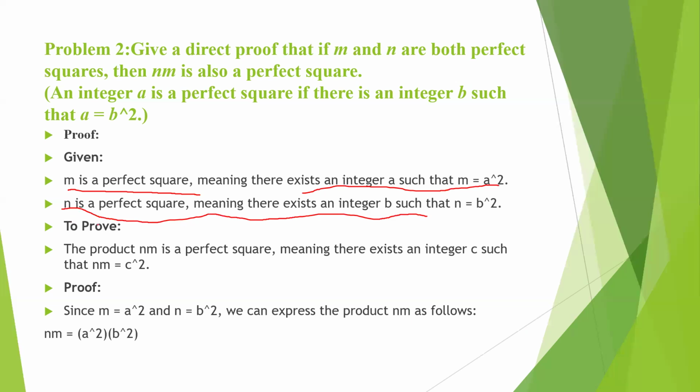So what we have to prove is that mn is also a perfect square, which we take as c square. So for m, we take a square. For n, we take b square. And for mn, we take c square. So what do we have to prove? M into n should be a perfect square.